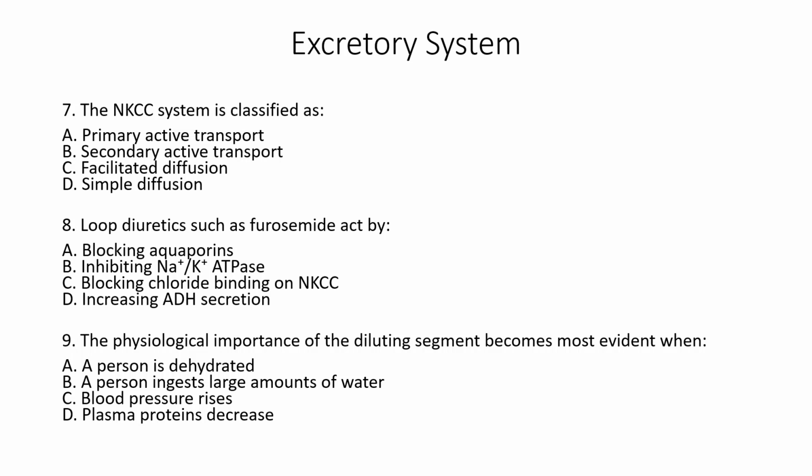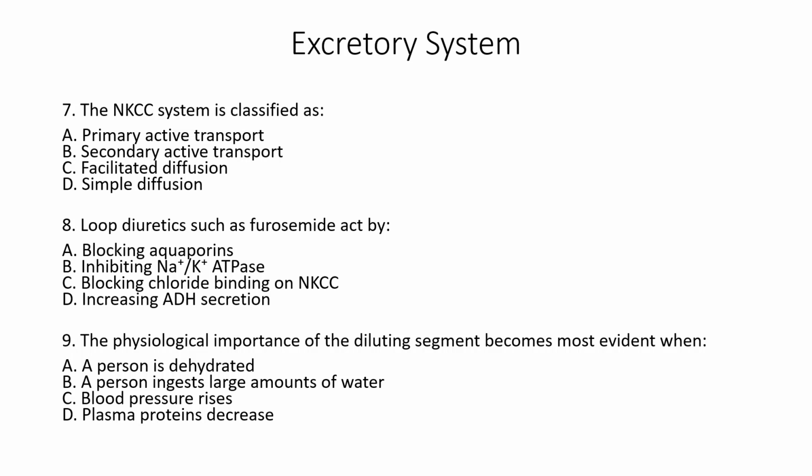The diluting segment is making the filtrate more dilute, meaning it is removing the salts or the solutes from the filtrate, but very importantly, it's doing so without water, so it's allowing the formation of dilute urine, but preventing the excessive loss of salts or solutes.